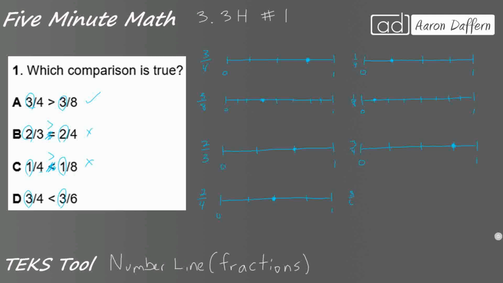Now 6ths are a little bit challenging just because you need to start with either a half and then cut each half into thirds, or I'm going to start in thirds and I'm going to cut each third in half because 3 times 2 makes 6. So there's my 3/6 right there. And as you can see, my 3/4 is actually greater because the fourths are bigger than sixths, because I'm only cutting into 4 pieces rather than 6. So, like we thought originally, our answer here is going to be A.